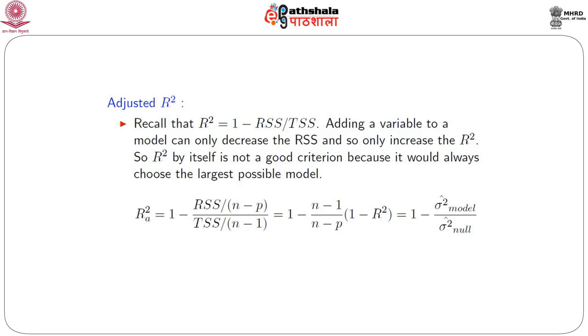Adjusted R squared is given by R squared subscript A equals 1 minus (residual sum of squares divided by n minus p) over (total sum of squares divided by n minus 1), which can be written in terms of R squared as 1 minus (n minus 1) divided by (n minus p) times (1 minus R squared), which equals 1 minus sigma hat squared of the model divided by sigma hat squared under the null.